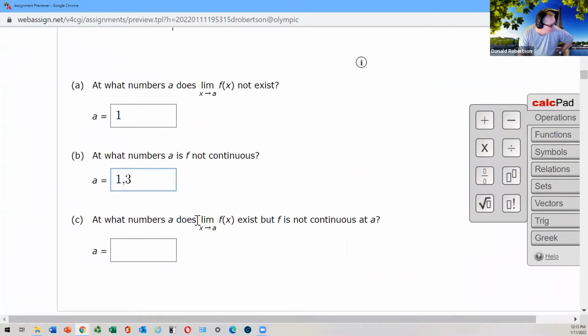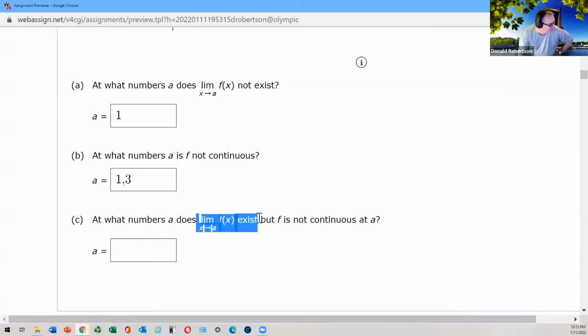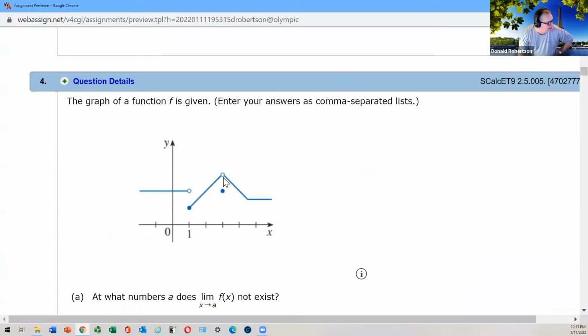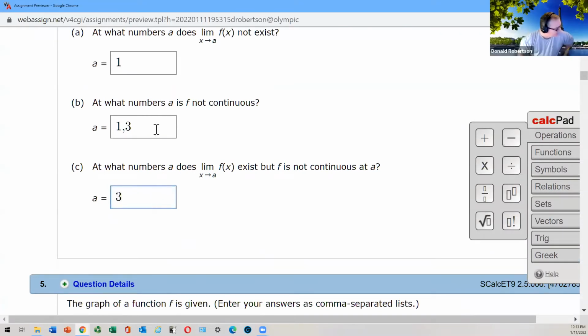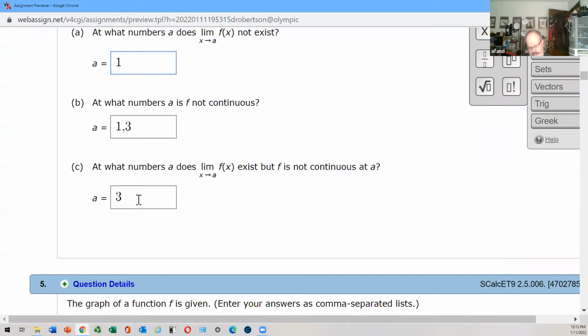At what numbers does this function exist, but f is not continuous at A? Well, it's not continuous at 3, right? But doesn't the overall limit exist? So they were wanting you to put in 3 there. Do you see how they've separated it from that guy, the overall limit doesn't exist.